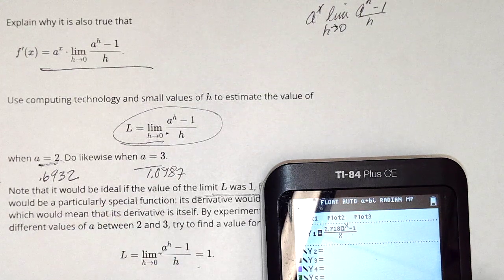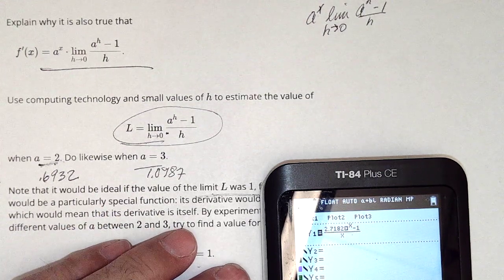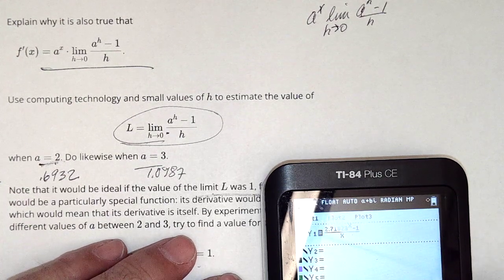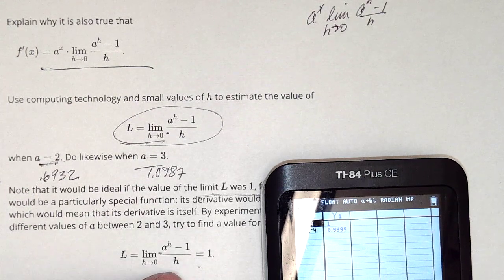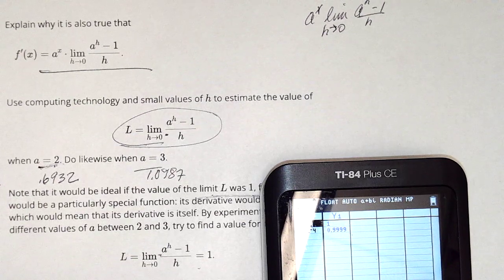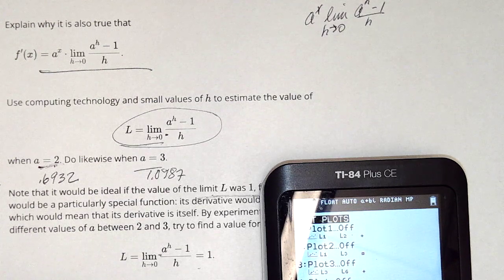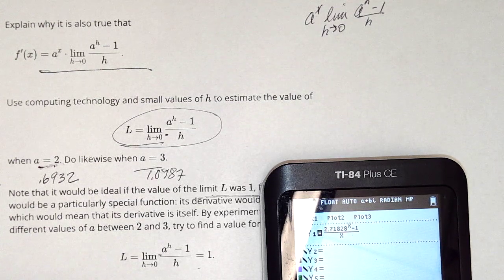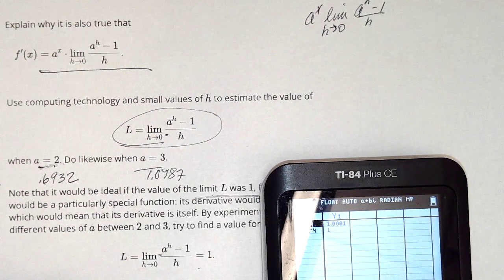And we're going to put 2.71828 in there, and I'm going to go to the table, and it says you're really close to 1. And the number I'm putting in there, let's go to the y equals again, is e to the x. And now second table, and it says it's 1.